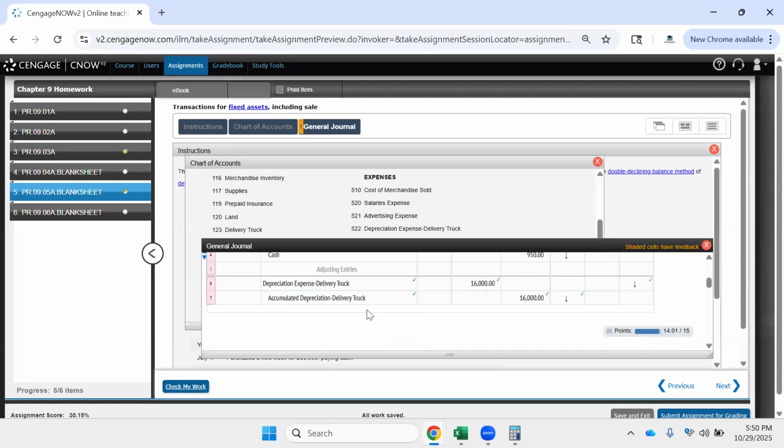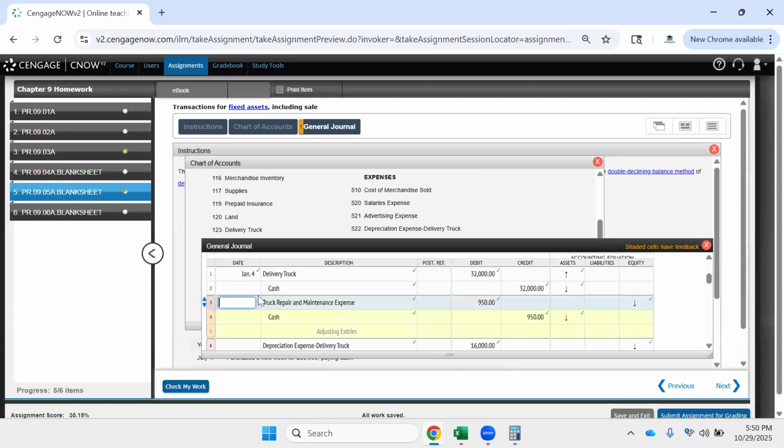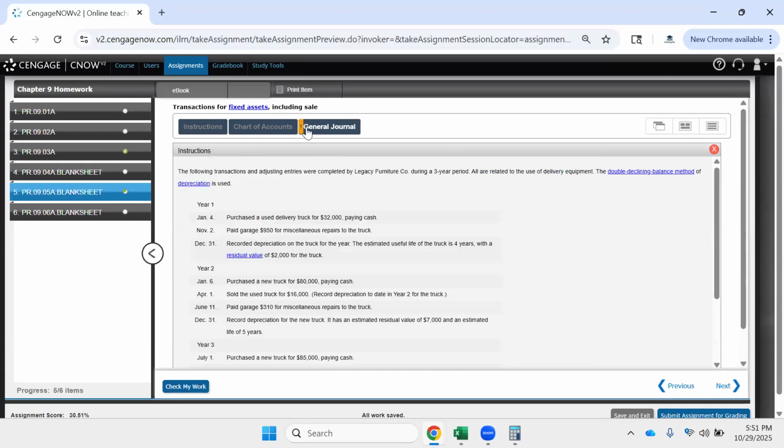You can see our first year is correct. Oh, I forgot the dates. Perfect. Always make sure to check your work, guys. Don't submit incomplete answers. It's leaving points on the table.